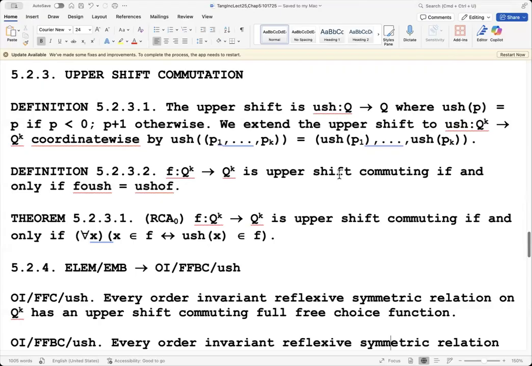Namely, if it is a total function, a function from Q to the K to Q to the K, then it's upper shift commuting if and only if it's upper shift invariant in the sense of its graph.